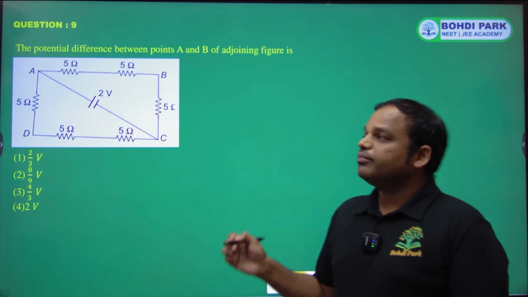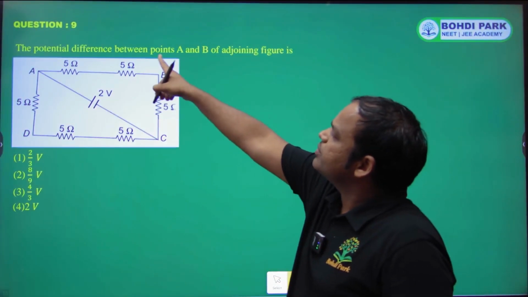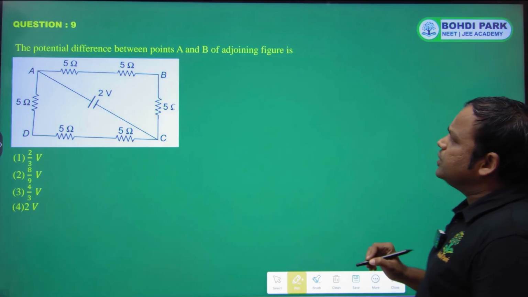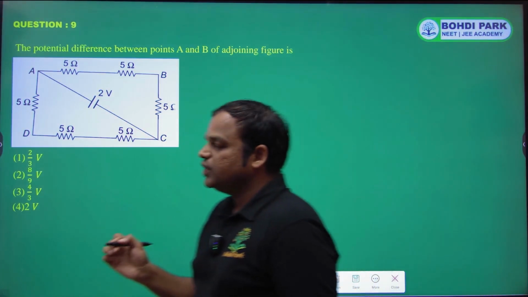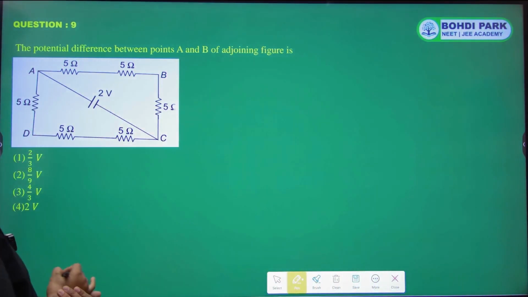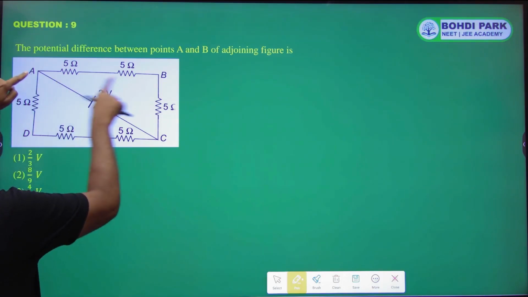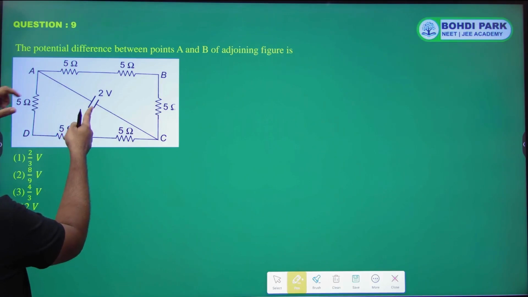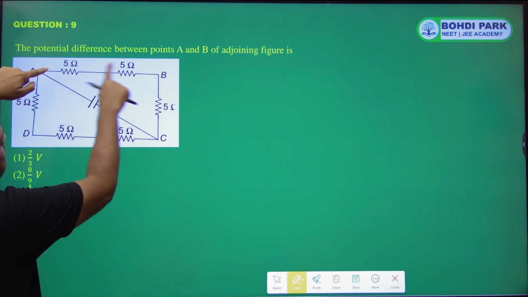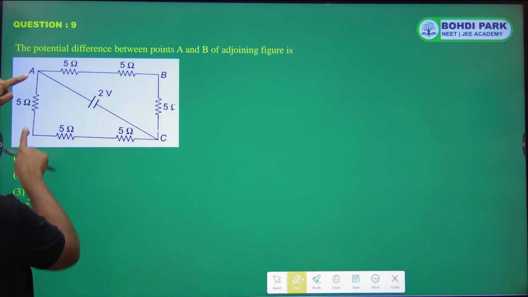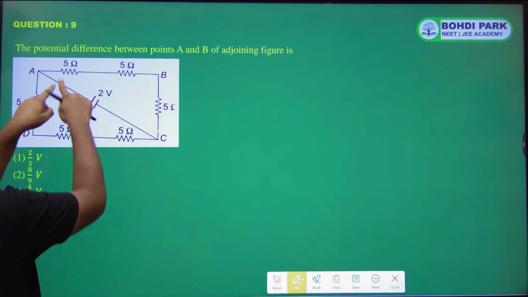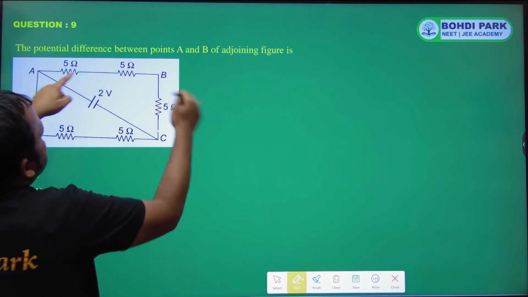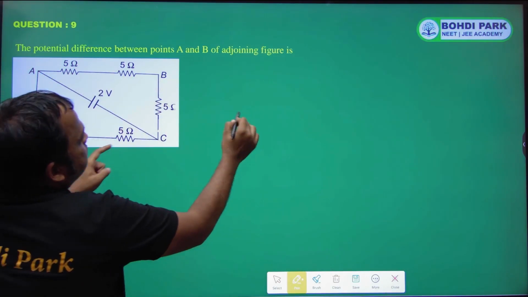Now look at question number 9. We have potential difference between points A and B of the adjoining figure. So we have to consider this circuit. So VA minus VB. So you observe this is the cell, this 2 volt cell. It is connected across this series combination and this series combination. So if you consider this series combination, the equivalent is 15 ohm.